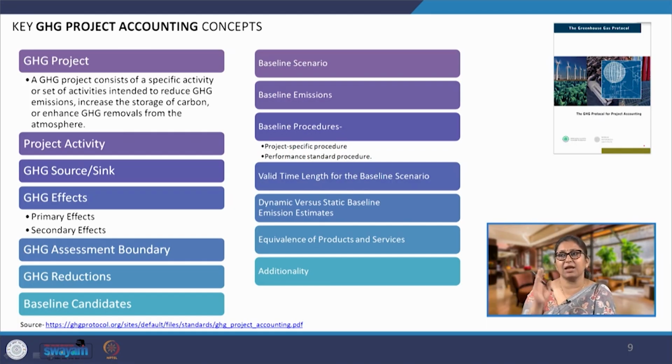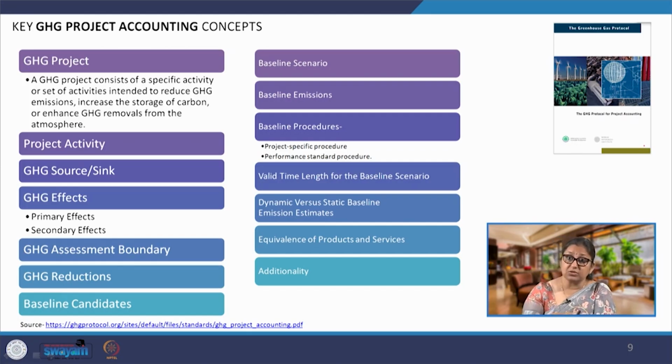For example, I might be changing all the lights in my gymkhana to LED from an existing one. That itself could be a project, it could be as small as that. In this gymkhana project, there is only one activity, which is changing the LED bulbs.